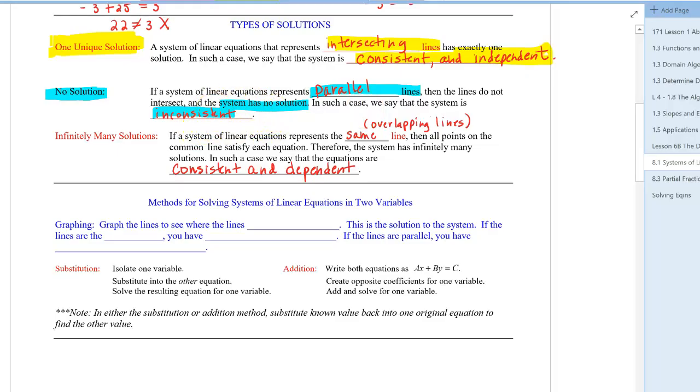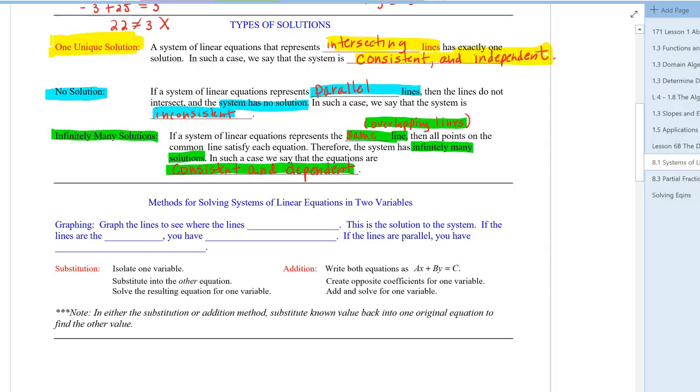That one is inconsistent. And then finally, infinitely many solutions, which means it is the same line, or another way to think of it is overlapping lines. In this case, the system has infinitely many solutions, and we say it is consistent and dependent.